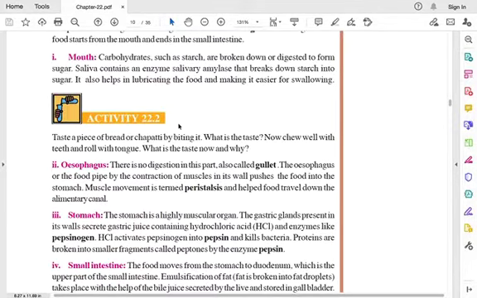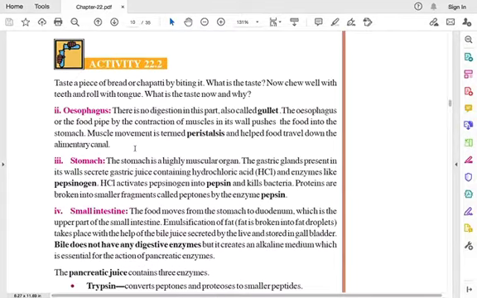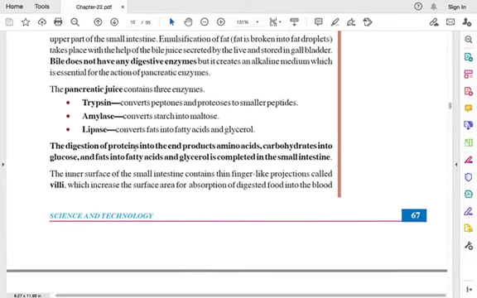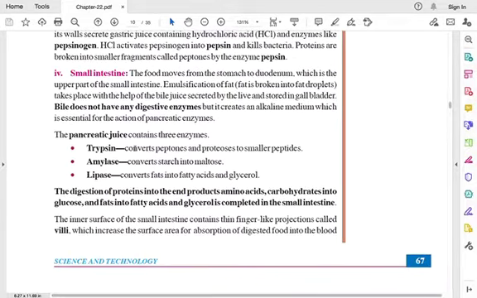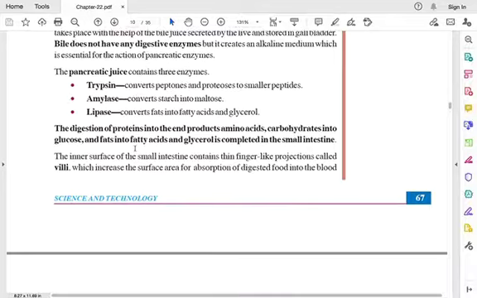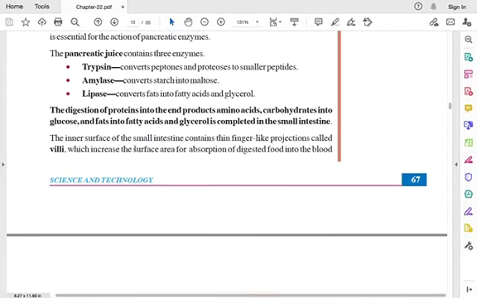There are organs related to it, like the mouth, we take food, the esophagus, this is the gullet, it pushes the food inside our body, and the stomach, small intestine, and what happens in the stomach and small intestine, and then we saw about pancreatic juice.